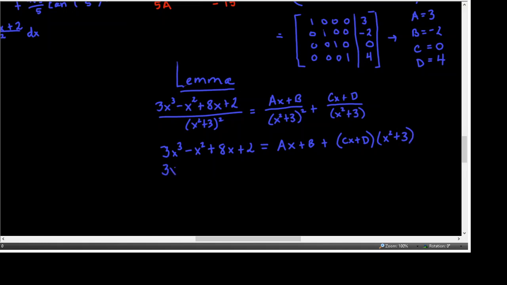And so 3x cubed minus x squared plus 8x plus 2 equals ax plus b plus cx cubed plus 3cx plus dx squared plus 3d. All right.